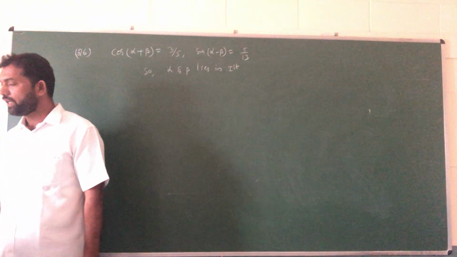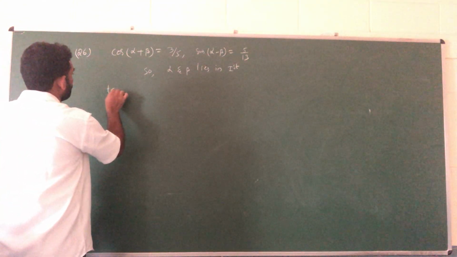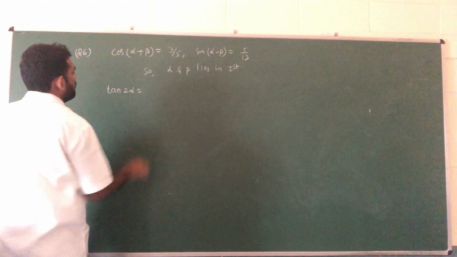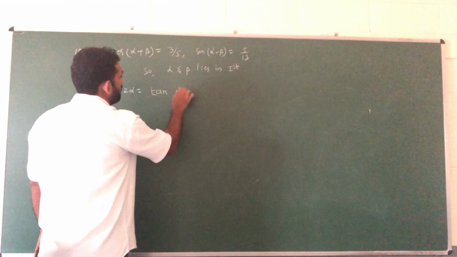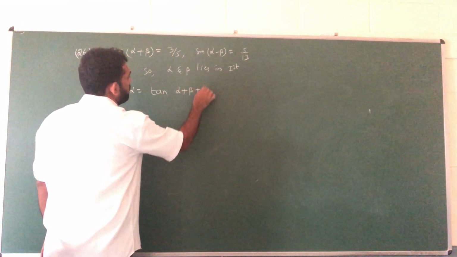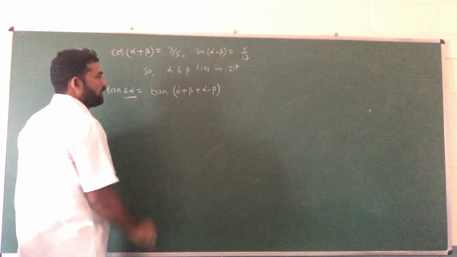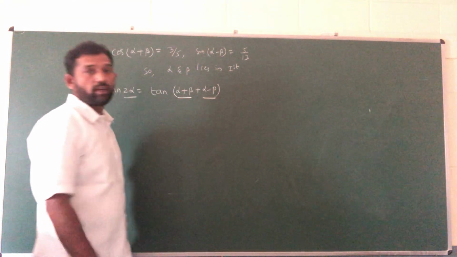Now what value are we going to find? Tan 2 alpha. So 2 alpha can be written as alpha plus beta plus alpha minus beta.